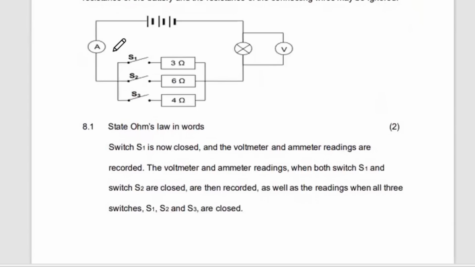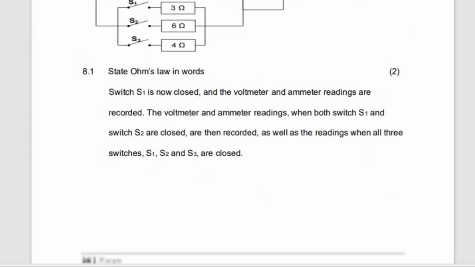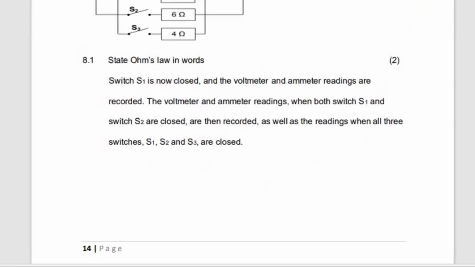Question 8. With question 8, they're telling us that we have 3 resistors, the 3 ohm, 4 ohm, and 6 ohm, as well as a bulb that's connected in the circuit as shown. Initially, all the switches S1, S2, and S3 are open. The internal resistance may be ignored.